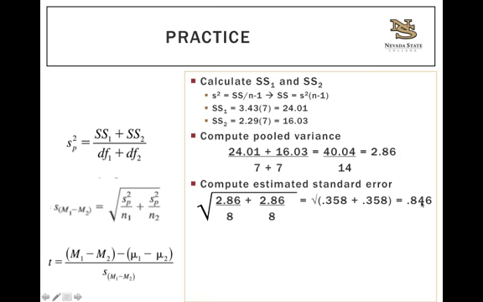It's right here. So go ahead and plug that in. We have 6 drinks minus 3 drinks minus our null. We're comparing it to our null. And then we divide that whole thing by 0.846. That gives us a T of 3.546.